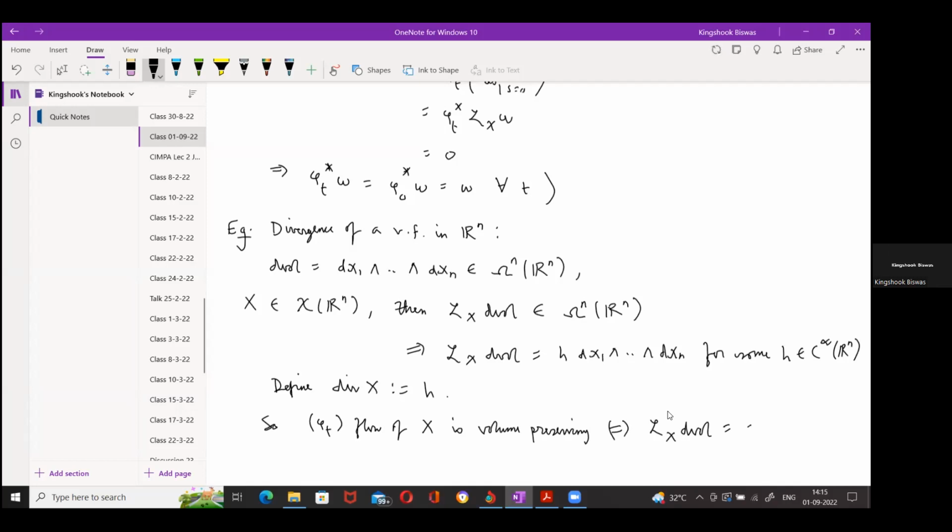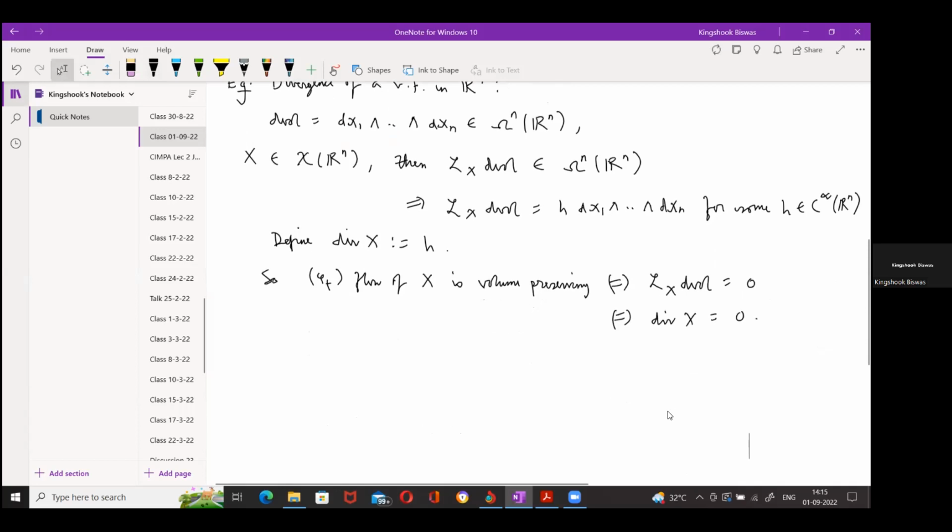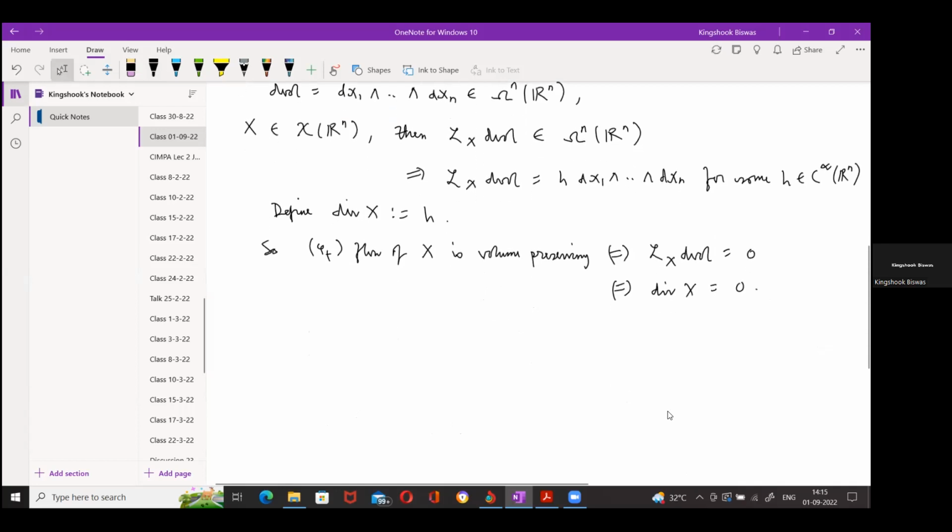By what we saw above. And this happens if and only if divergence of X is 0. Okay? Is this clear? Yes, sir. All right.